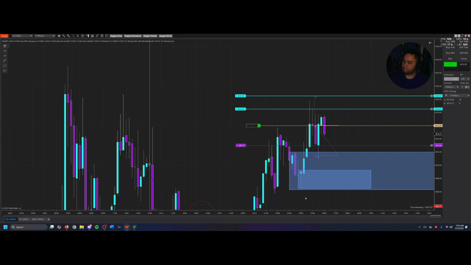Hmm. Broke past previous candle low. Still gonna hold. Trying to decide if I should put my stop loss all the way back down to 18 ticks to get more room to breathe, or just keep it right where it is.